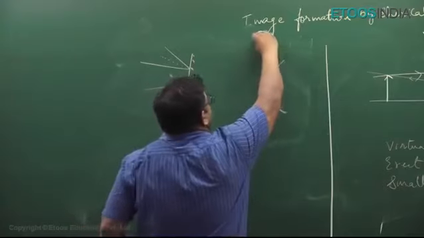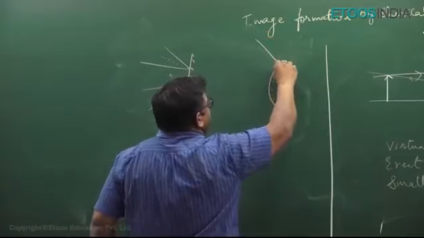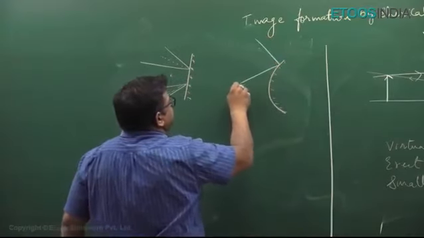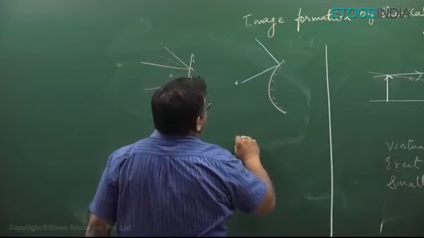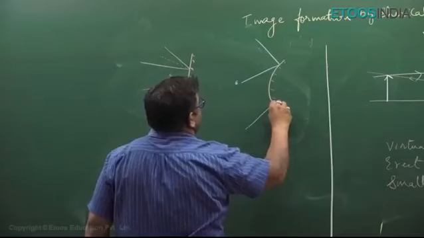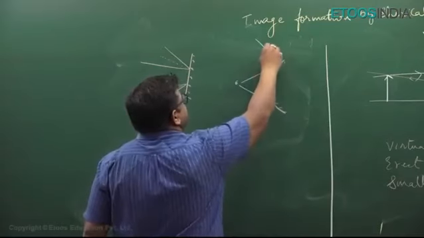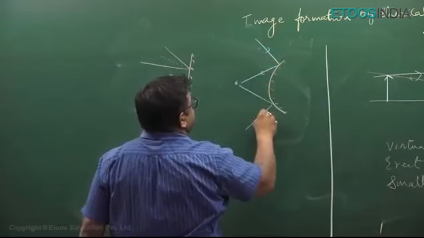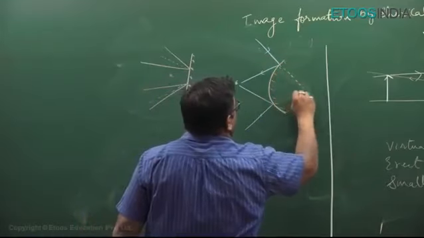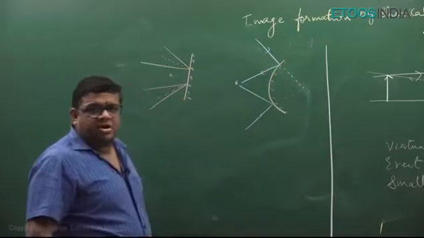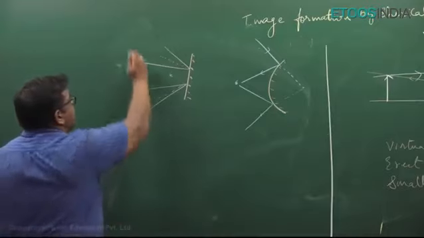So here the light rays will come from this side and they will move like this if I am watching it from here, and again from this side and moving like this, and the image is formed here. Got it? So what is the difference now?